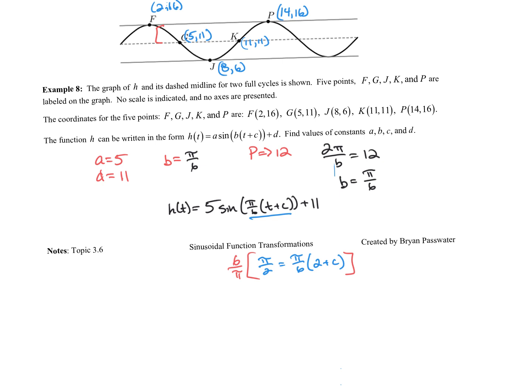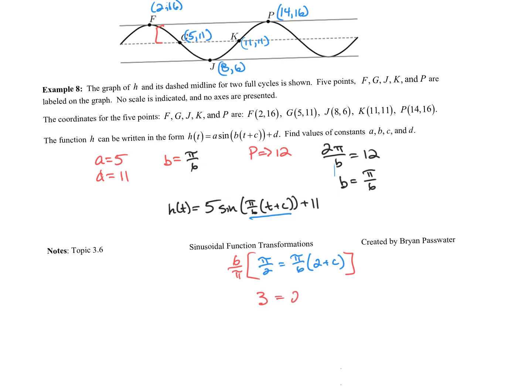All right? And so 6 times pi is what? 6 pi. Pi times 2 is 2 pi. So 6 pi over 2 pi is what? Just 3. The pi's cancel. And then pi over 6 times 6 over pi goes to 1.